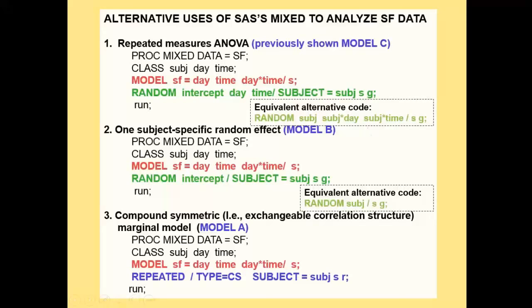And once you do that, you don't have to say subject equals SUBJ, because you're using a random statement, but you're defining it very directly in terms of what the random effects are, the random effect of subject. You're not actually forcing it to be this times that. You're actually putting the variables in. And if you run this, you're going to get exactly the same result as running this with the other random statement.